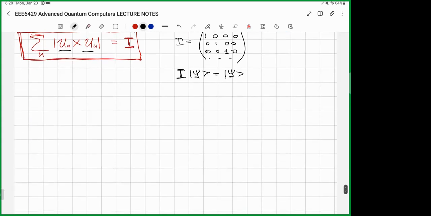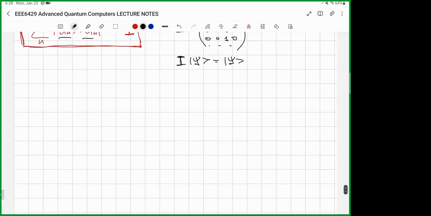All right, so now let's go ahead and practice a little with operators. Just as a reminder, we usually denote an operator by this small hat on top, right?